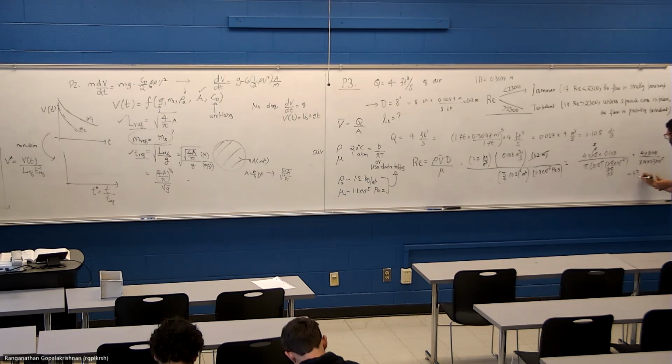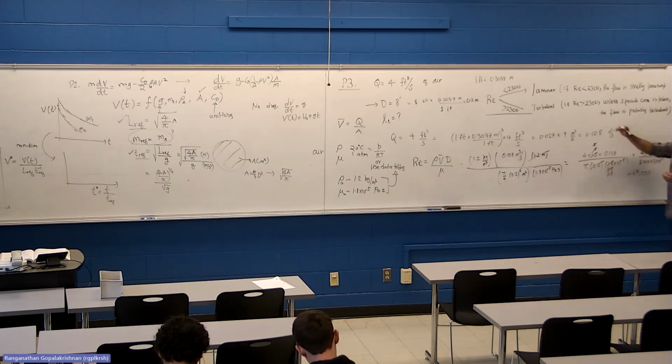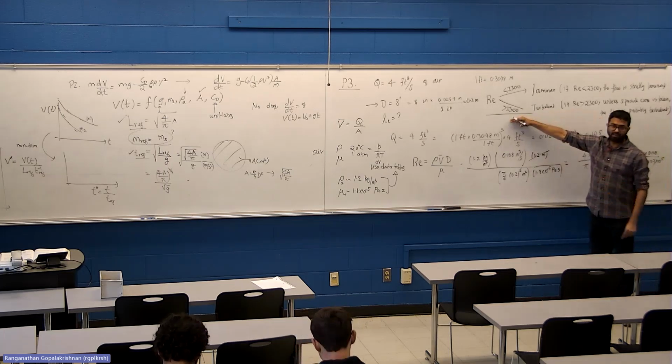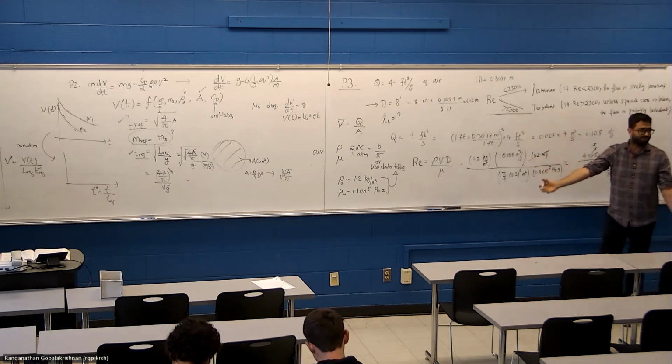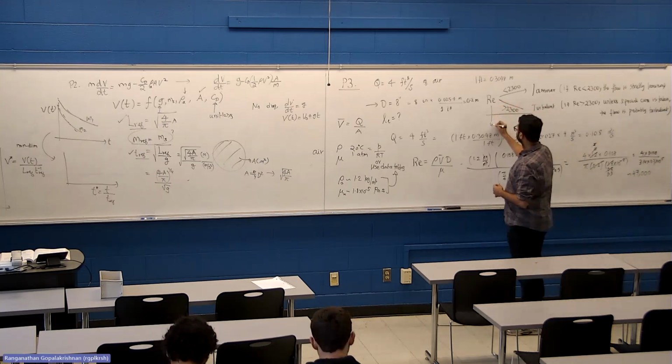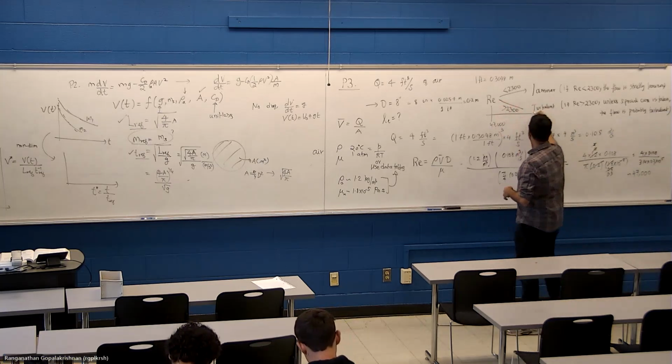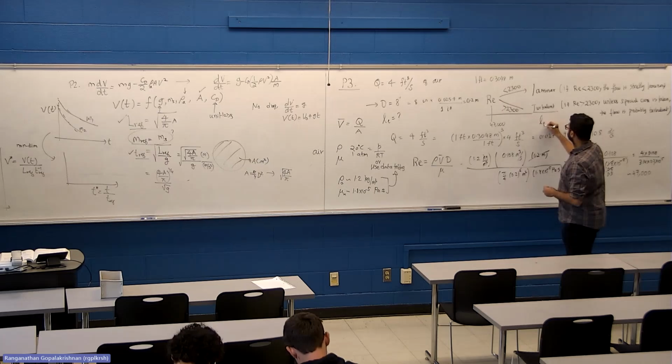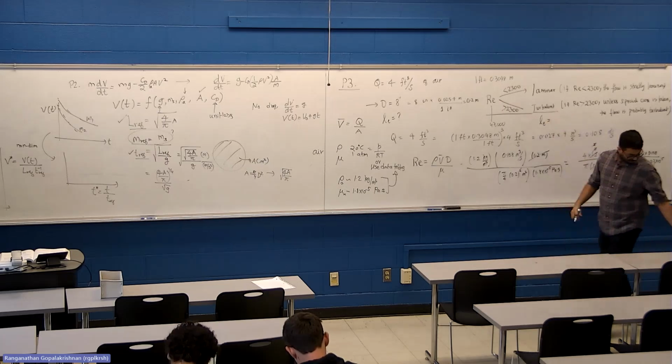47,000. Okay, so you get a Reynolds number of 47,000 and then you come to this decision making tree. What's your decision? Reynolds number being 47,000 gets us turbulent flow, which means you have to pick the second expression.